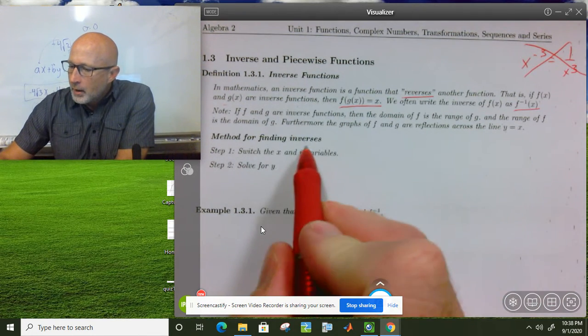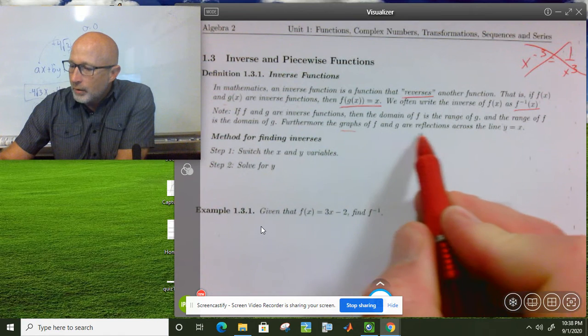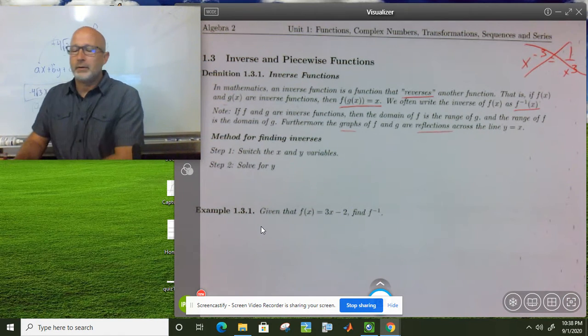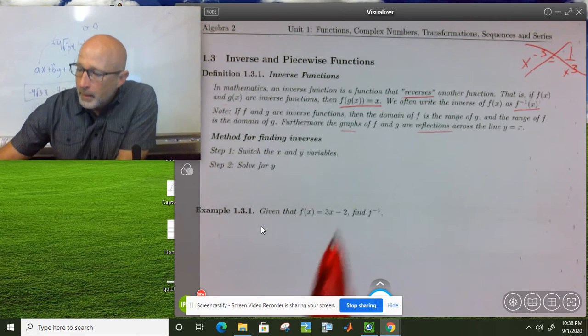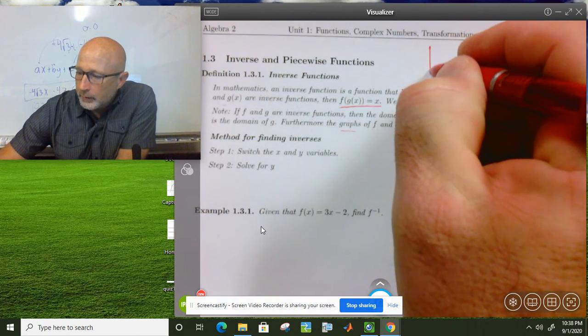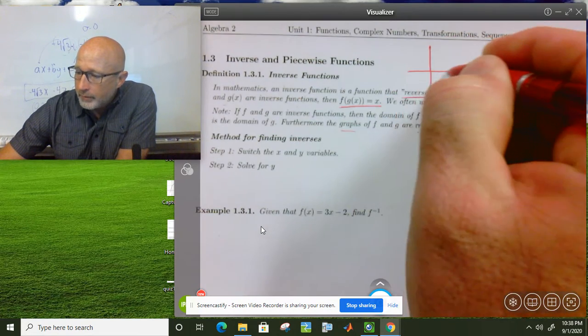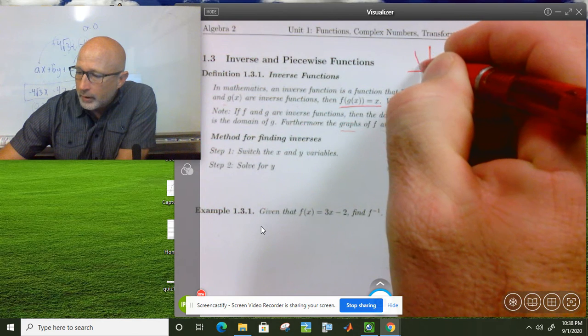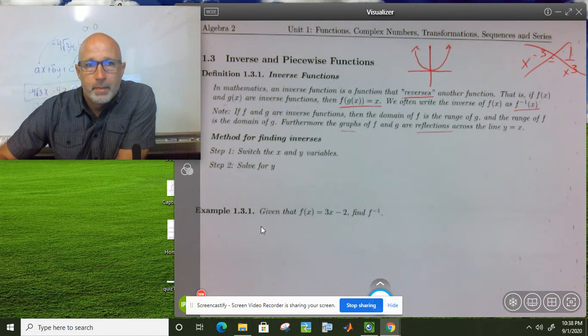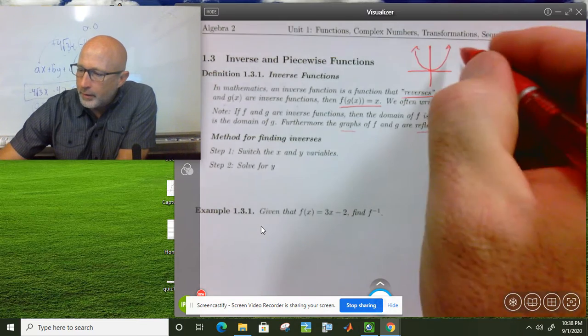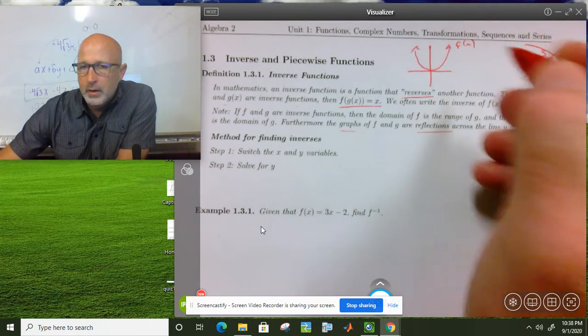The other part is the graphs of f and g are reflections across the line y is equal to x. So what that means is, say, for example, I had a graph, and the graph looked like this. It was a parabola, and I call this f of x.